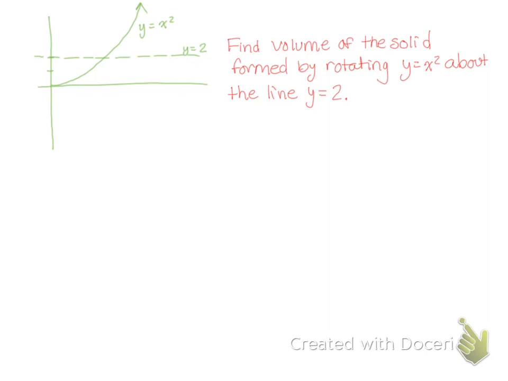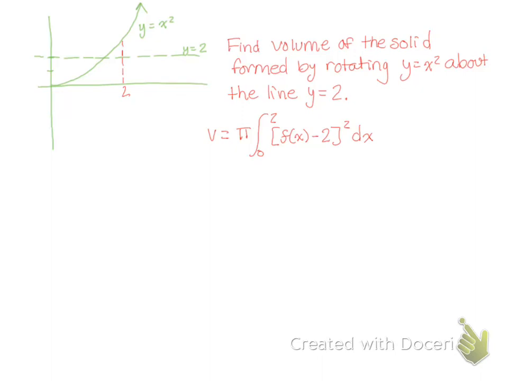So we're going to find the volume of the solid formed by rotating y about the line y equals 2. So we're going to look again from 0 to 2. So the volume is going to be pi from 0 to 2 of f of x minus 2 squared. So let's think about it.